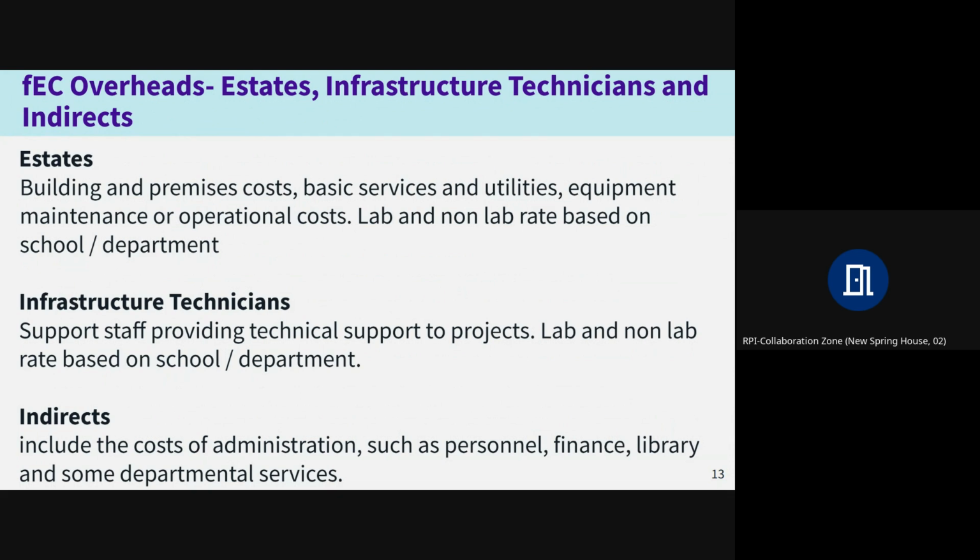This is like an assumption that at some point in the project there's going to be a need for technical support, so that every project includes a small portion of technical time as an overhead. And again, there's a lab and a non-lab rate. And then indirect is all the other things that keeps us functioning for the people, so the administration, personnel, finance, us, so all the support that's required to sort of make a research project work.